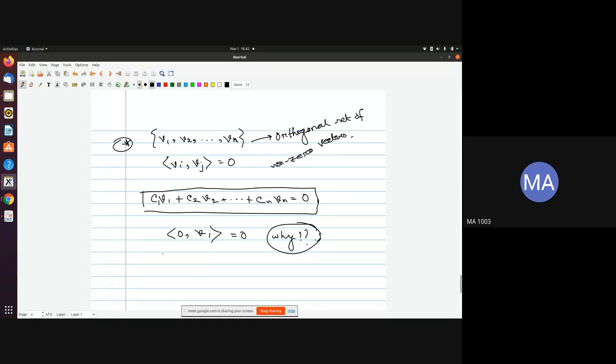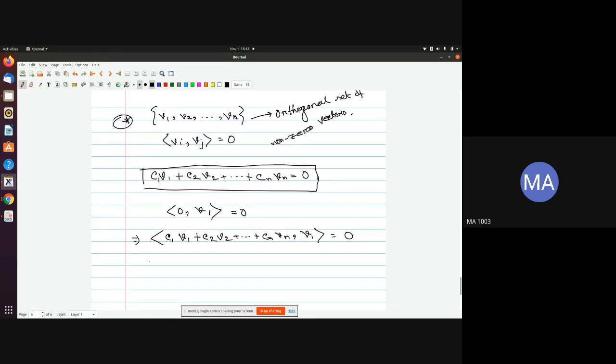Fine, so this is 0, that you know already. Now here I can write 0 as the sum of this linear combination, because I have expressed 0 as a linear combination of these vectors. I can break it down.